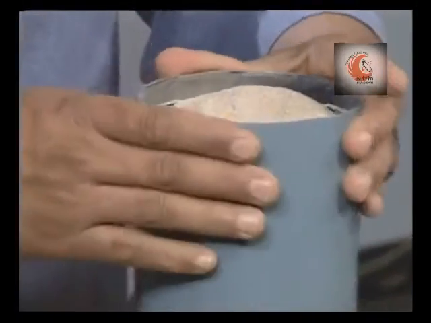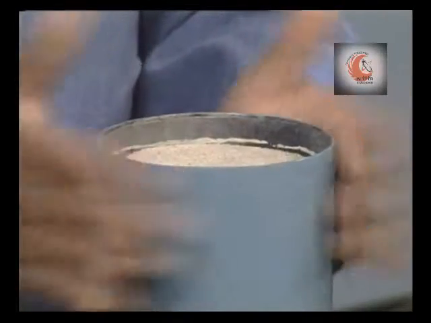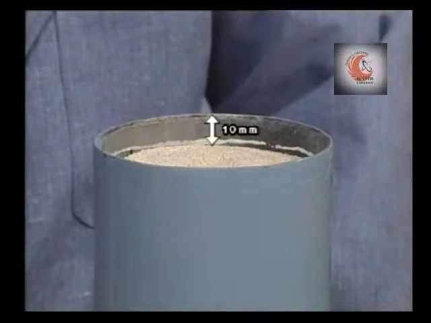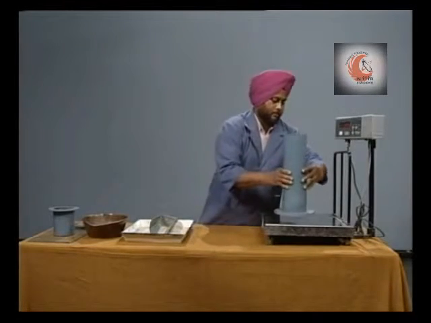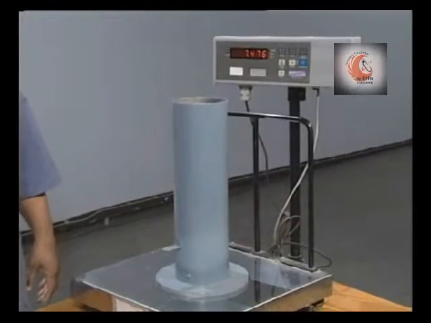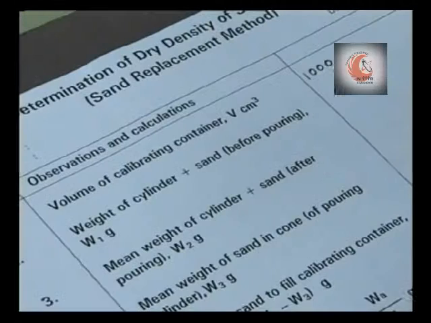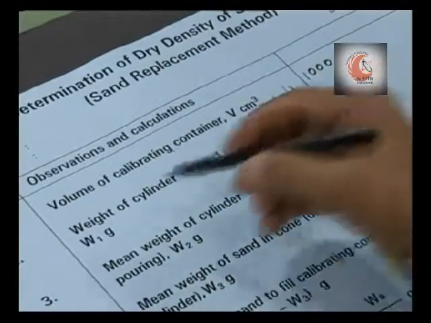Now fill the sand pouring cylinder with calibrating sand within about 10 mm of its top. Weigh the sand pouring cylinder with sand. Record the weight of cylinder with sand before pouring, that is W1.